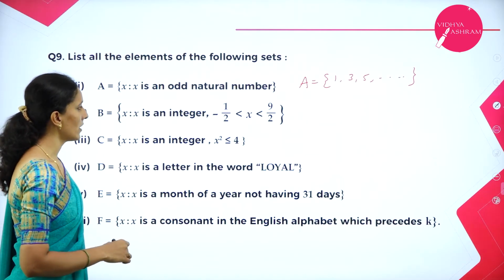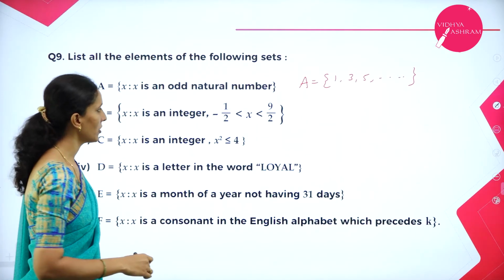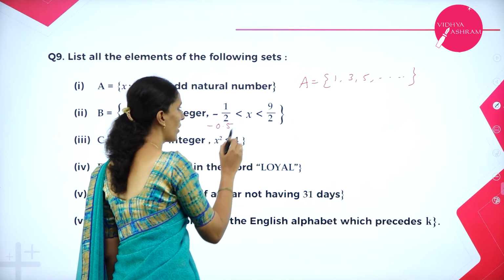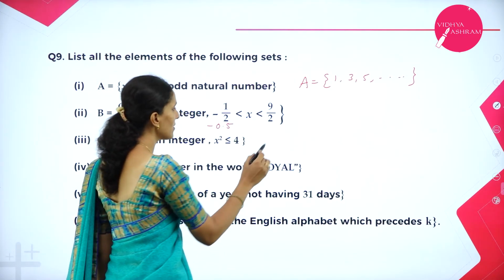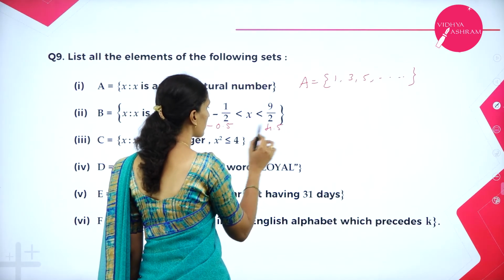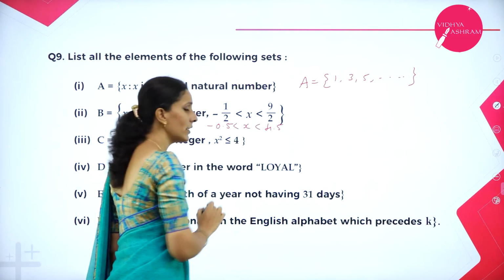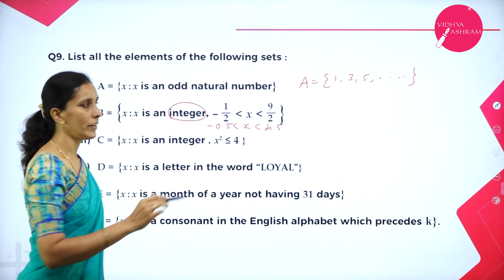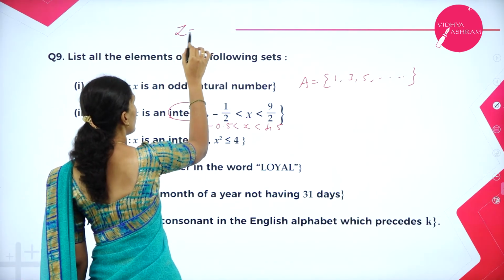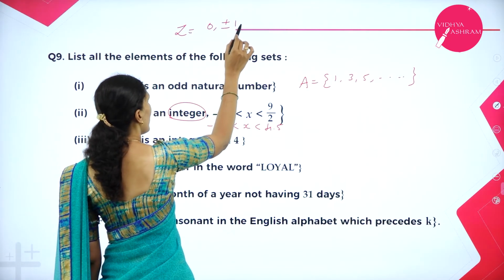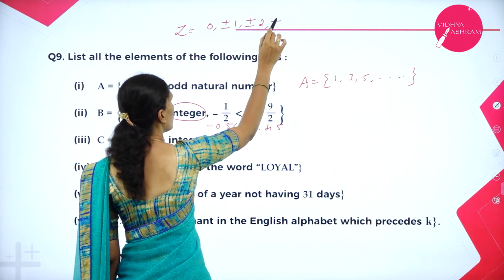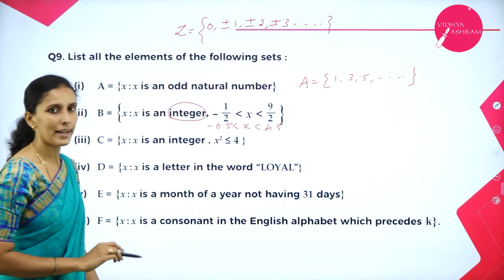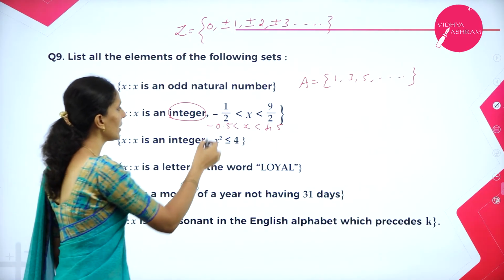X is an integer, minus half to 9 by 2. Minus half means it takes the value minus 0.5. 9 by 2 means 4.5. So you are writing only the integer values. What is the set of integers? Integers contain only 0, plus or minus 1, plus or minus 2, plus or minus 3, etc. So the set of integers only contains these numbers, but here you have decimals.